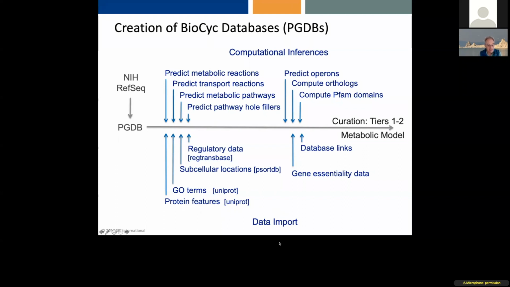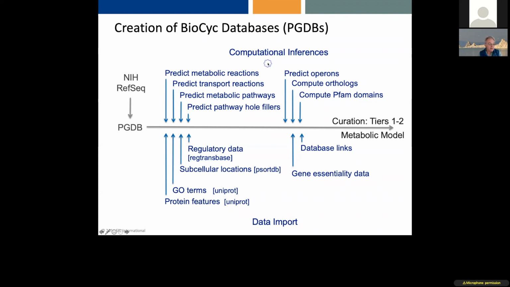We import data from a variety of different external databases. For example, we'll import regulatory data, subcellular location data, and protein features like enzyme active sites and metal binding sites. We'll also import gene essentiality data.